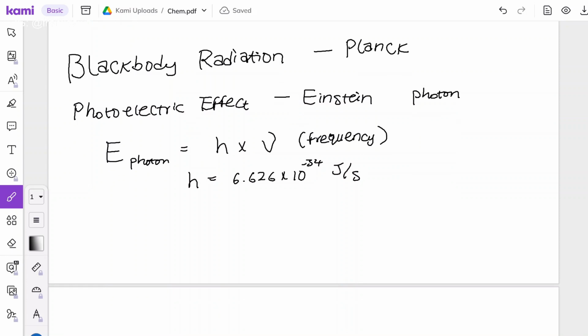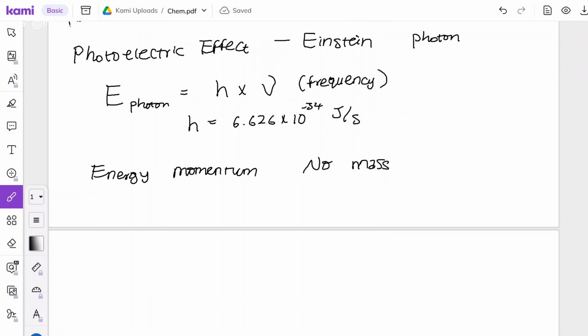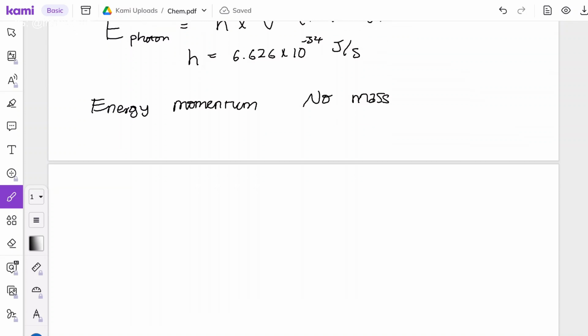Also, photons were discovered to have energy, which this equation gives, and momentum, but they don't have any mass. There are two different equations for the momentum of a photon.